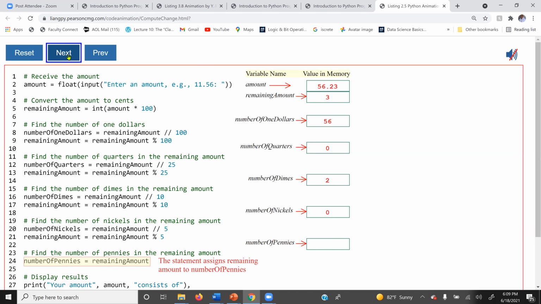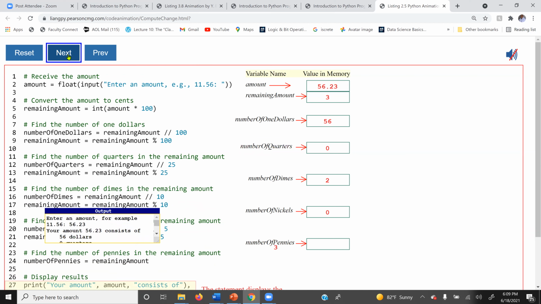And that will be the final result. So we can see our answer here will be $56, 0 quarters, 2 dimes, 0 nickels, and 3 pennies, which are shown here.